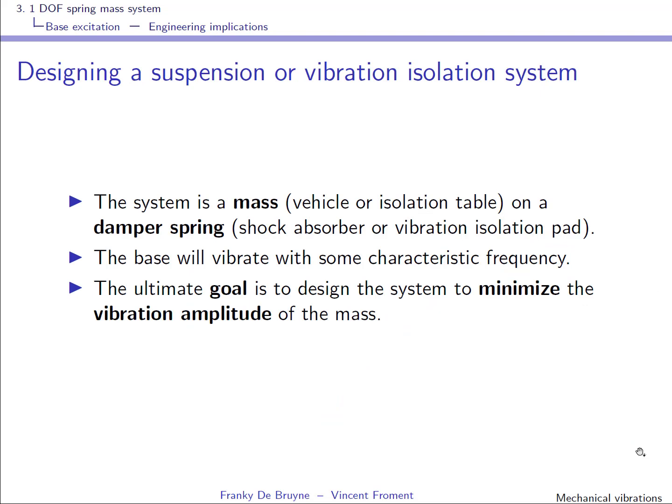Well, we will use what we've seen before, and we'll look at the engineering implications. The idea is that we want to design a suspension or a vibration isolation system. So we have a mass, damper, and spring system, and the base will vibrate with some characteristic frequency.